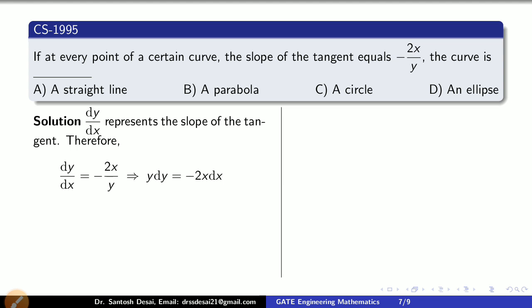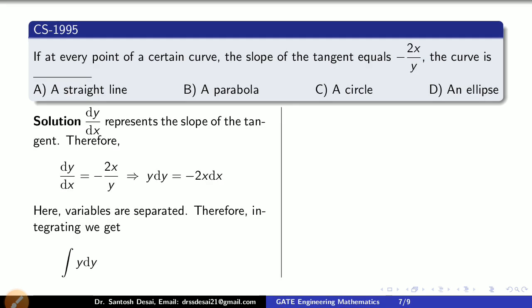So rewriting this, we get y dy is equal to minus 2x dx. Now the variables are separated. So you just integrate this, we get integration of y dy is equal to minus 2 integration of x dx plus c. Integrating both sides, we get y square by 2 is equal to minus x square plus c.